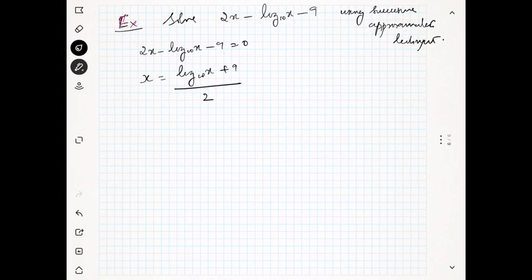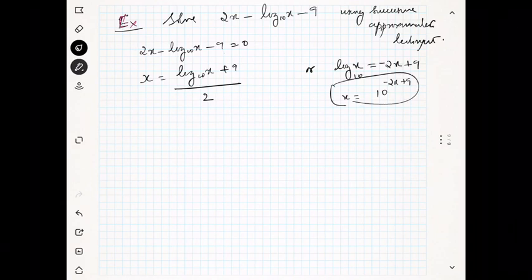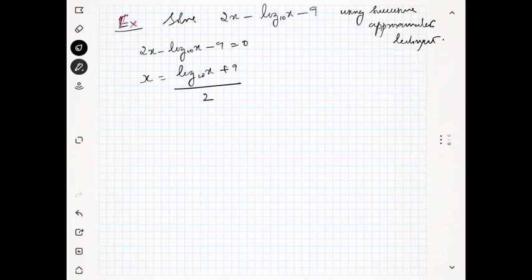So you can use this formula, or you can write log to the base 10 x is equal to minus 2x plus 9. So x is equal to 10 power minus 2x plus 9. This is also possible, but anyway I am not going to use this. So this is my formula, right?